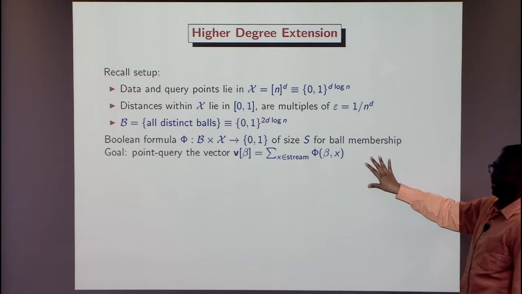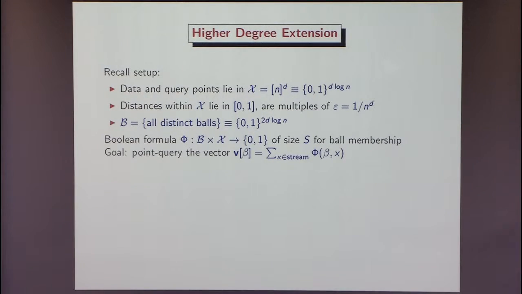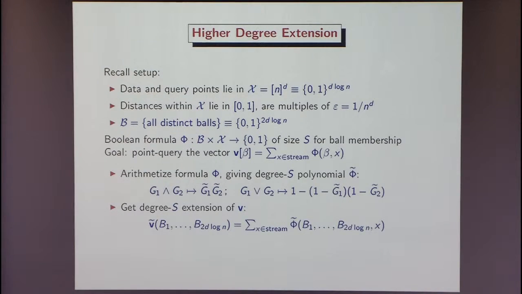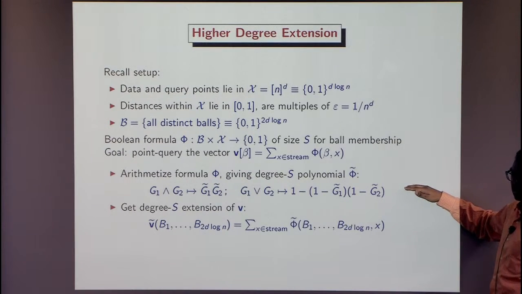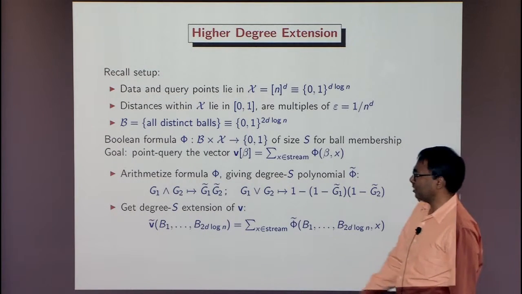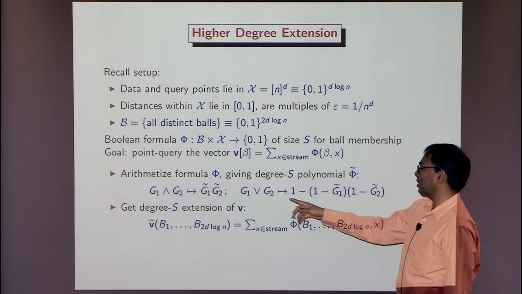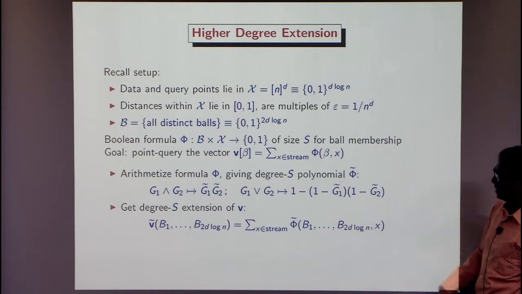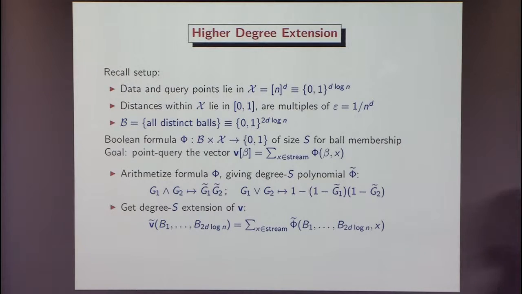The whole thing has a shallow circuit. You can then turn the circuit into a polynomial by doing this standard trick, which, for instance, is certainly used in Shamir's proof of IP equals PSPACE, and maybe earlier. Convert AND gates to multiplication, OR gates to this thing, and your circuit turns into a polynomial.